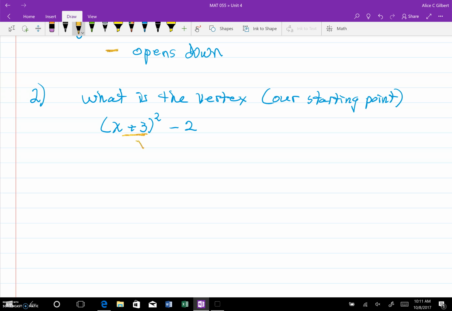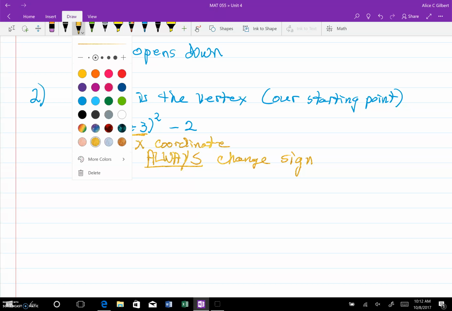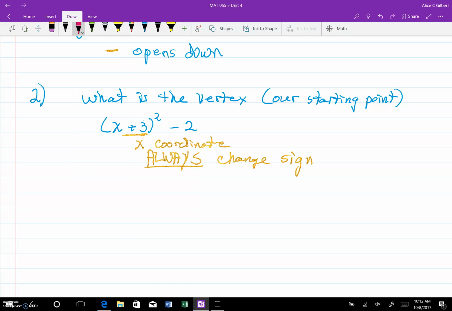That's our x coordinate, but always change the sign. So in this case, the x coordinate of our vertex is going to be -3, okay?